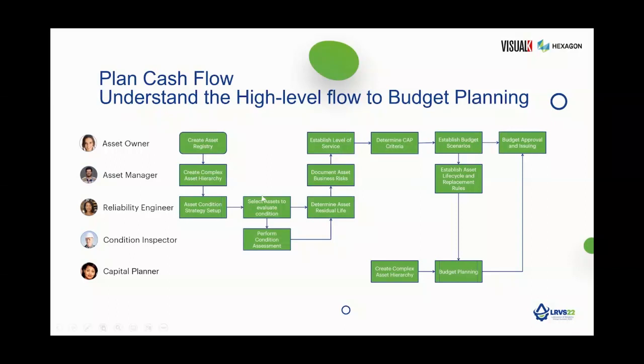So we started by looking at creating an asset registry, creating a hierarchy for your assets, assessing the condition strategy, evaluate that condition, and from there determine which assets are at risk, where they are within their asset life cycle, what is their residual life, and then also establish a level of service, right?